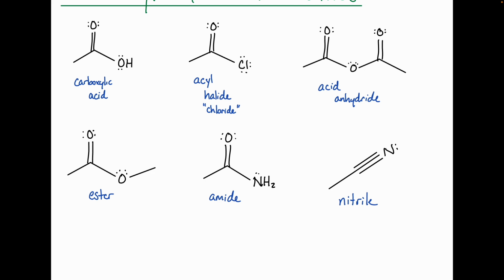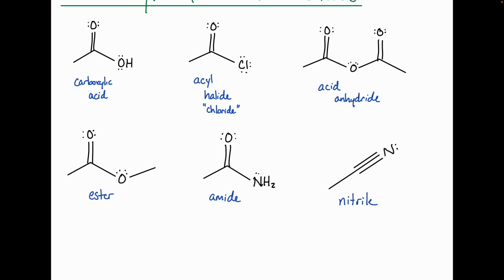We're going to talk about reactions as we go through here, but for right now, just to be able to recognize these functional groups, these are our carboxylic acid derivatives. We have carboxylic acid. They're all going to share this feature of this electronegative element bound to that carbonyl carbon, except for the nitrile. That's kind of the odd man out there.